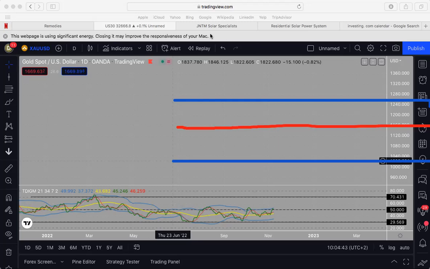So you've got your 70 over there, which is the extremes, which means overbought, and then you have your 30 down here, which is the extremes, which means oversold. And then in the midpoint, you have your 50, your static.